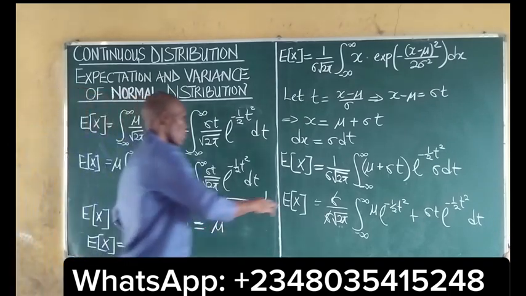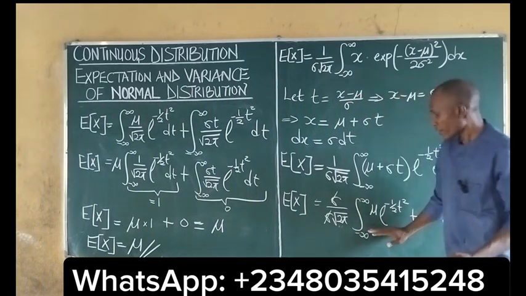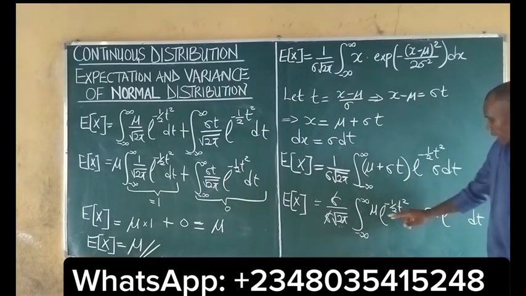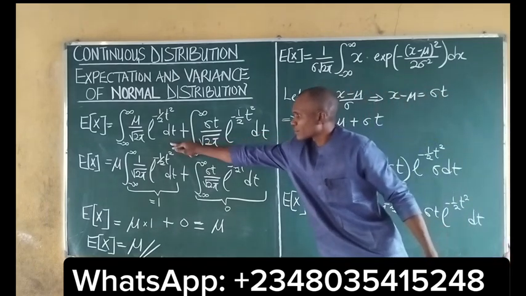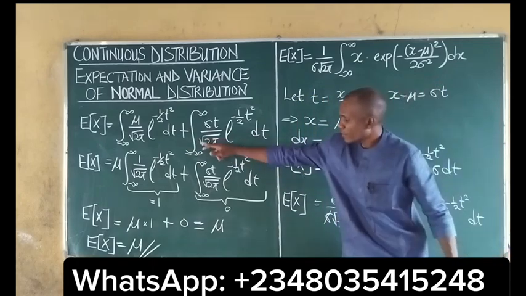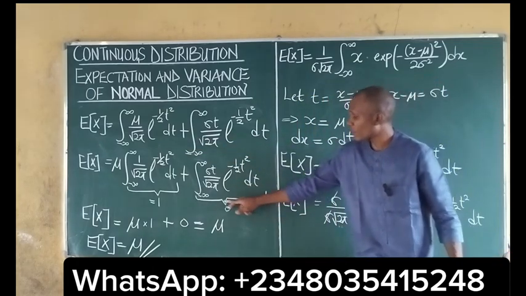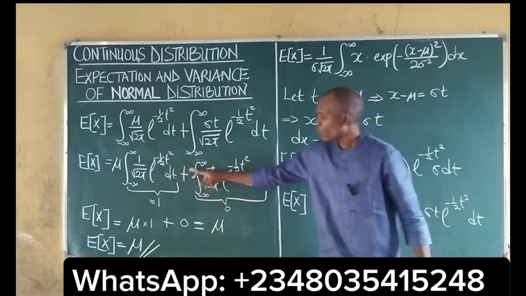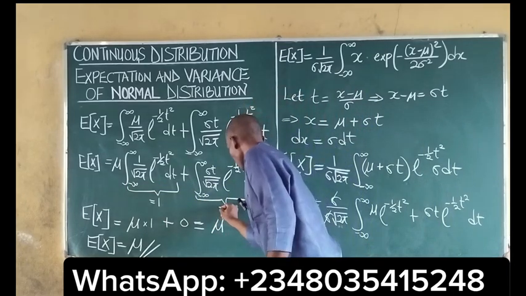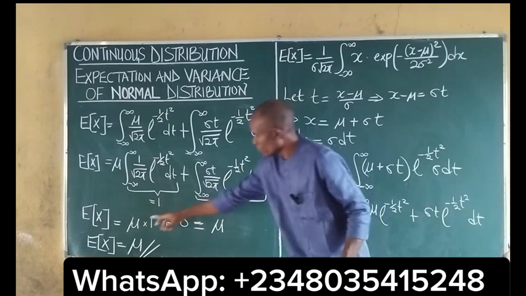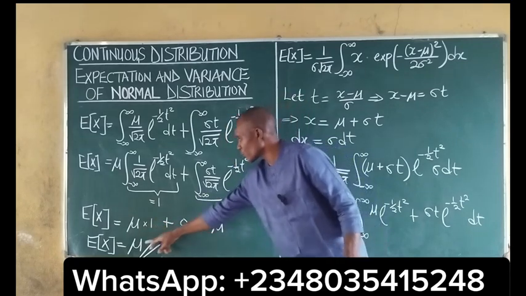So we have succeeded. From here, we obtain this. The whole of this gives us 0, while the whole of this will give us 1. So mu multiplied by 1 plus 0 is mu.